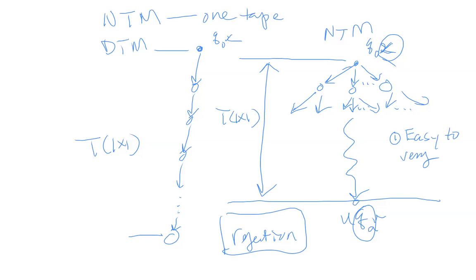Once you are given an input X and a path, I can verify whether the path you give me actually ends up at QA. But if you want to find such an accepting path, you have to look for one in this tree, so that's hard. So, with a quote there, it is hard to find a solution. It is easy to verify a solution, but hard to find. That's non-deterministic within this time bound.